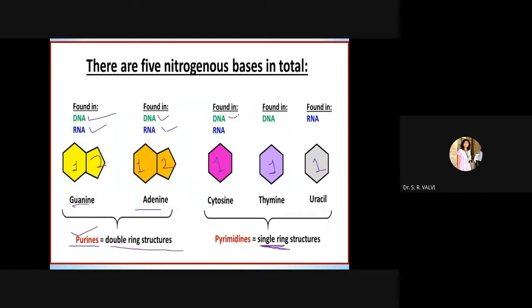Cytosine is present in both DNA and RNA, whereas thymine, please do remember, is present only in DNA, and uracil is present only in RNA. This is the basic difference between the pyrimidine bases present in DNA and RNA.